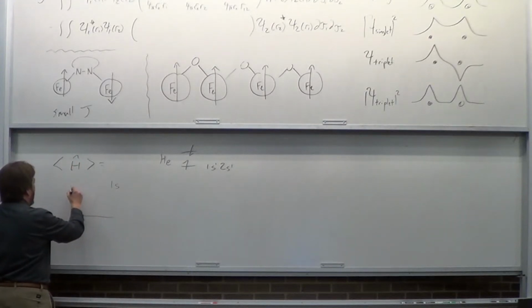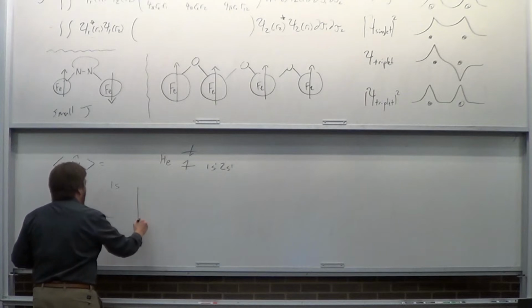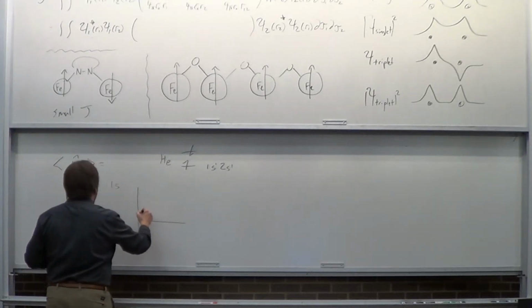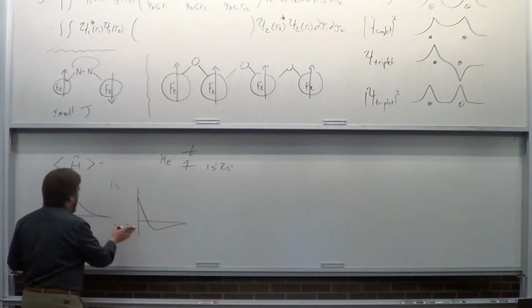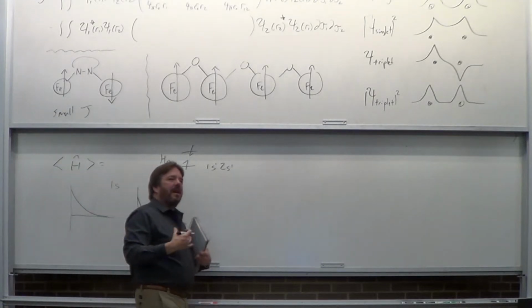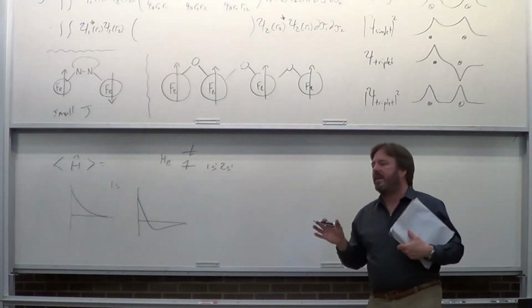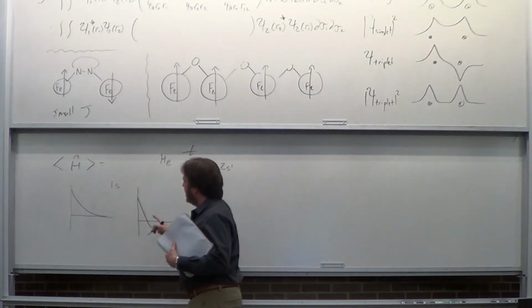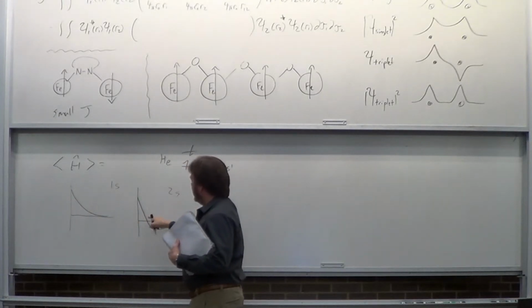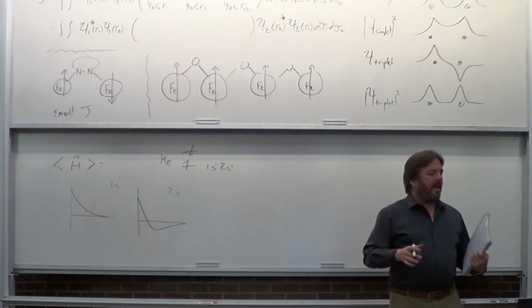So what I do is I give the 1s electron like this, and the 2s has a node like this. Now again, I've maybe compressed them. I've made some adjustments. I've taken hydrogen and made an adjustment for a more positive nucleus. And I just say, okay, the 1s is like this and the 2s is like that. Notice that the 2s has a node. And I'm just going to use that.